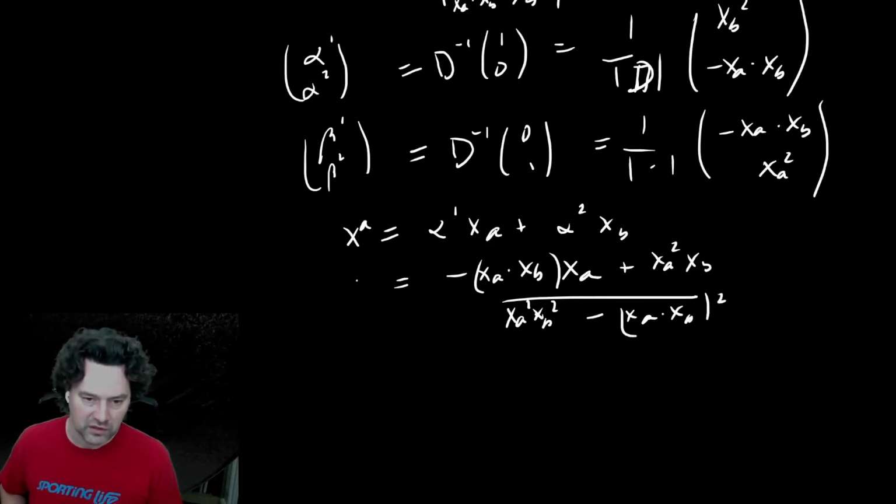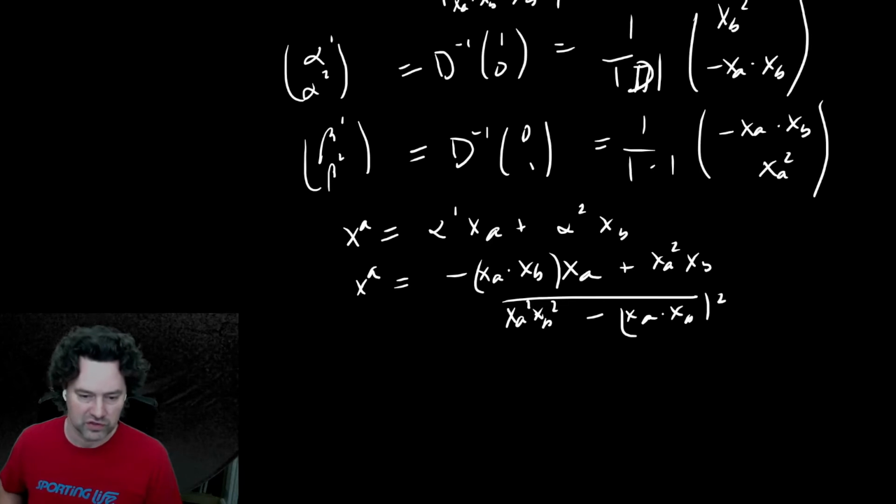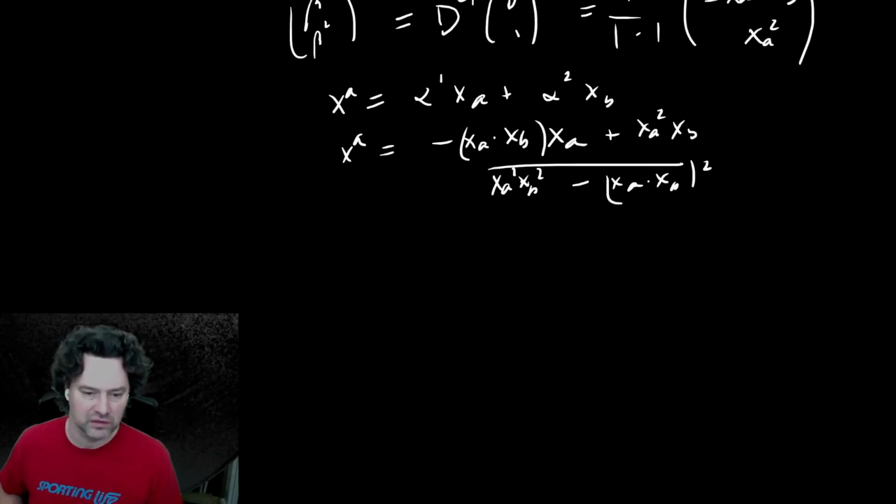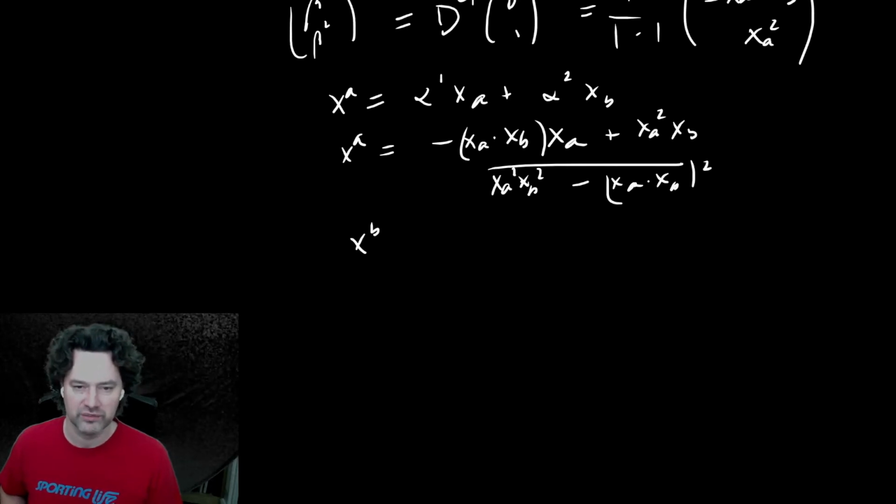There's our first reciprocal frame vector in 2D, or for a two-dimensional parameterization, two-dimensional manifold, and our xb.